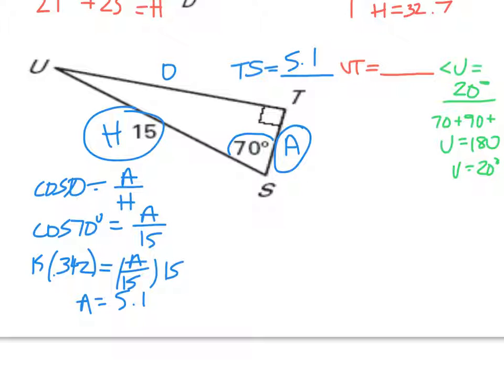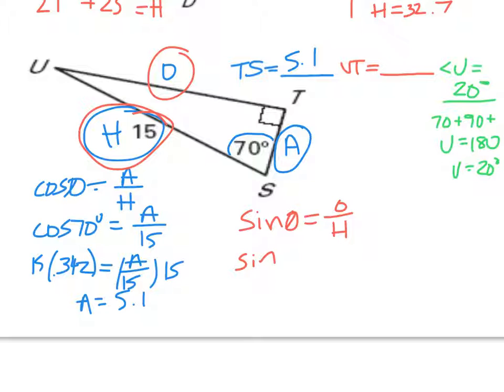And now I'm going to do the same thing for VT, so that I still have H, and now I want to solve for O. O and H is sine, so sine theta equals O over H. And once again, you could do Pythagorean theorem if you want. Sine of 70 degrees equals O is what I need, over 15. So sine of 70 is 0.94 once we round.